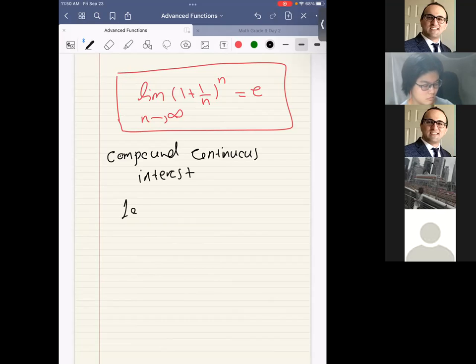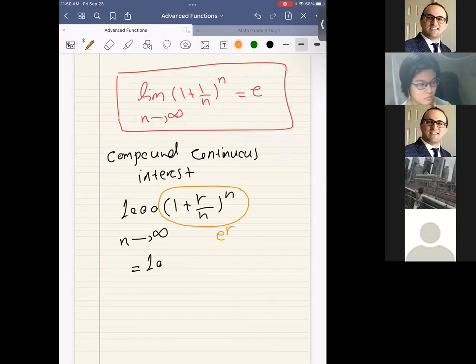So we have 1000 times 1 plus r over n to the power n when n goes to infinity. This guy would be e to the power r. So this would be 1000 times e to the power r.